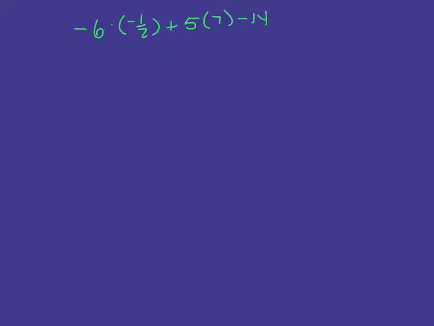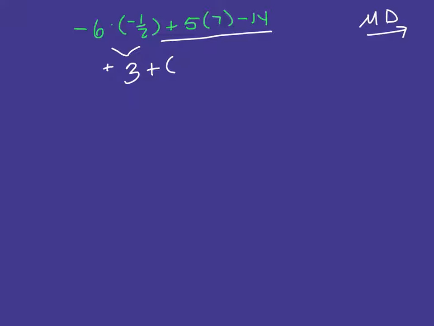So now I'm moving on to multiplication and division. Remember, I do both of those in order from left to right as I find them. So the first thing I get to is negative 6 times negative 1/2. A negative times a negative will always be a positive. And just like the 8, when I did 8 times 1/2, I've got 6 times 1/2 now. Multiplying times 1/2 is the same as dividing by 2, so half of 6 is 3.